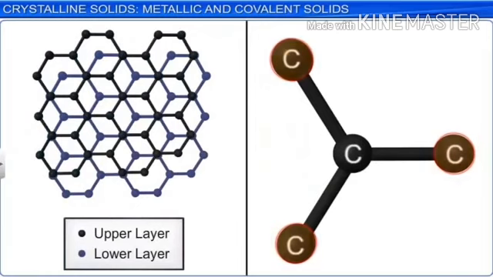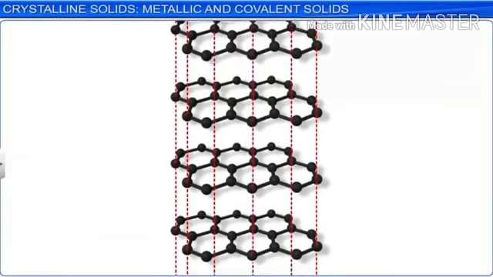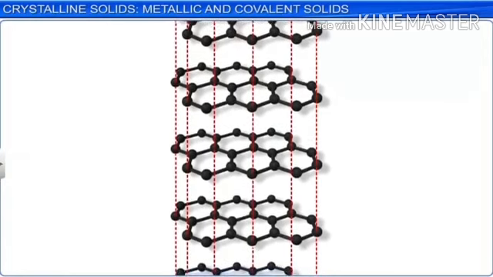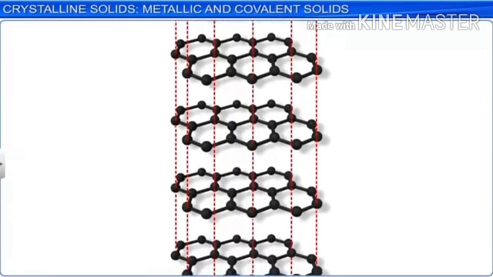The carbon atoms are arranged in different layers and each atom is covalently bonded to three other atoms in the same layer. And the fourth valence electron of each atom is present between different layers and is free to move about also.